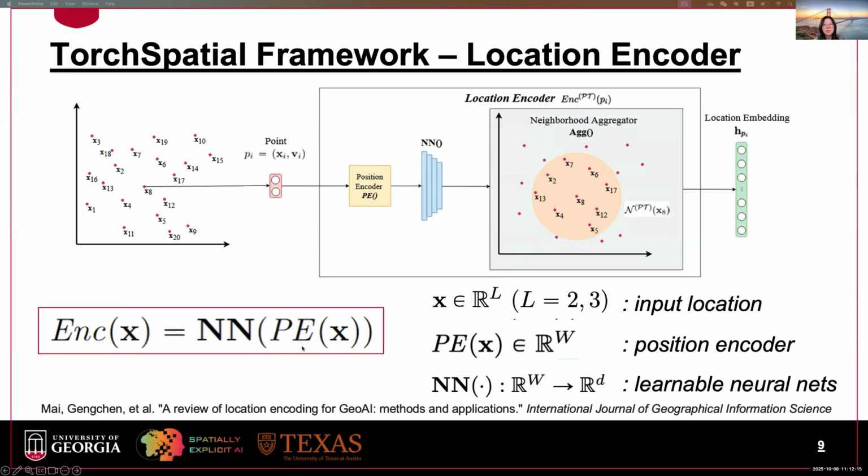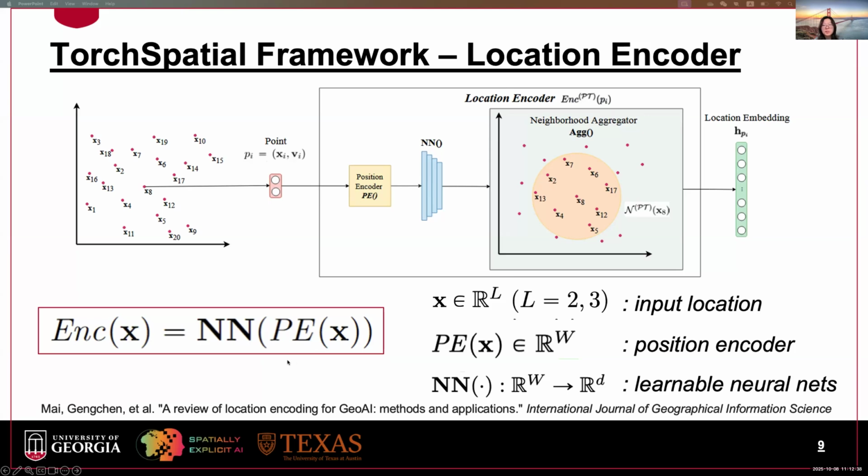The X is the input original location coordinates. And PE here is a position encoder, which is the most important component that distinguishes different location encoders. Usually the PE, the position encoder, is a deterministic function which transforms X to a W-dimensional vector, the so-called position embedding.